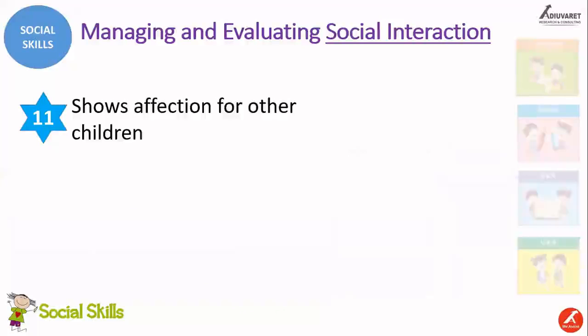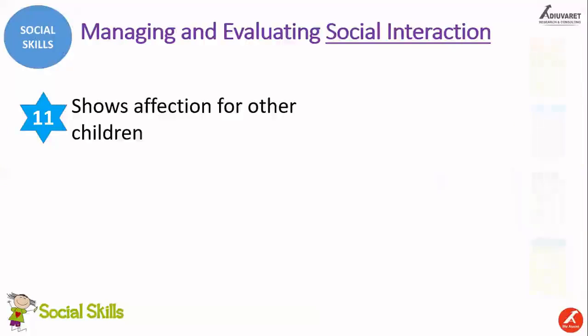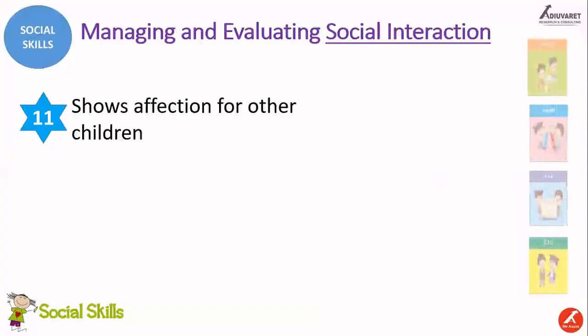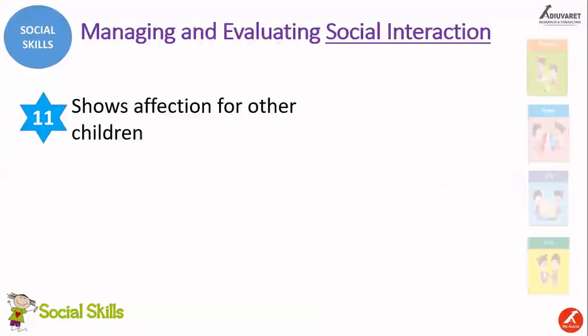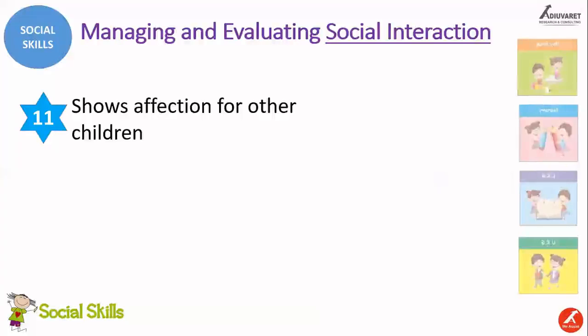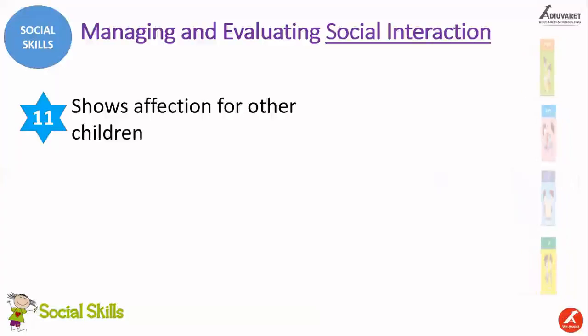Then the last skill under social interaction is showing affection for other children. This is a kind of compassion, a kind of not being rude to others. Even if the child is angry, let that not be reflected in the child's behavior towards others.